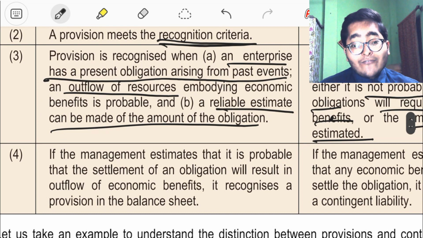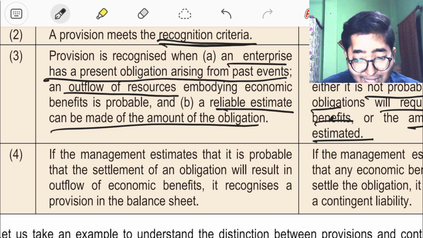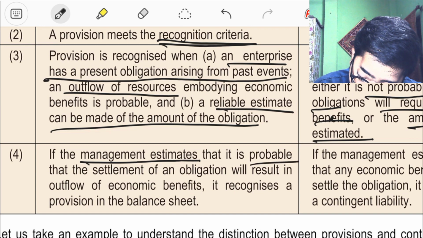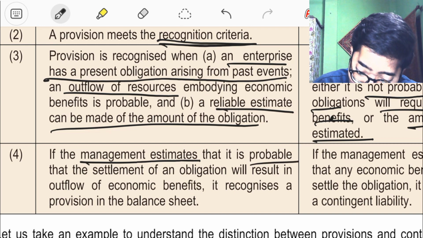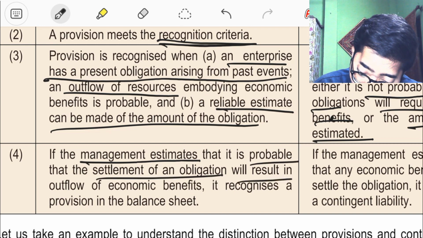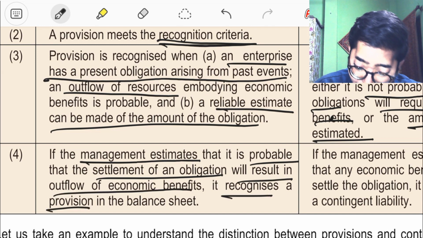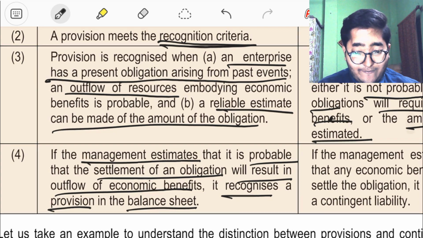Provision. If the management estimates that it is probable that the settlement of an obligation will result in outflow of economic benefits, it recognizes it as a provision in the balance sheet.